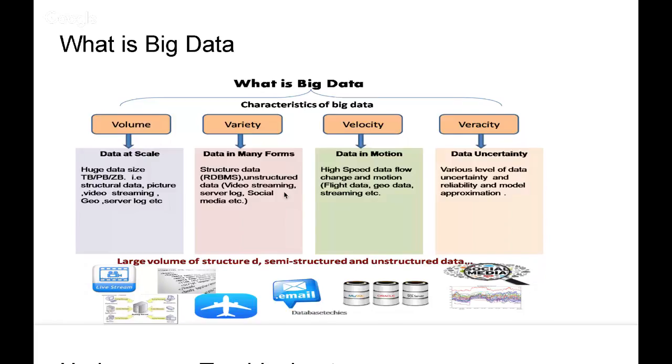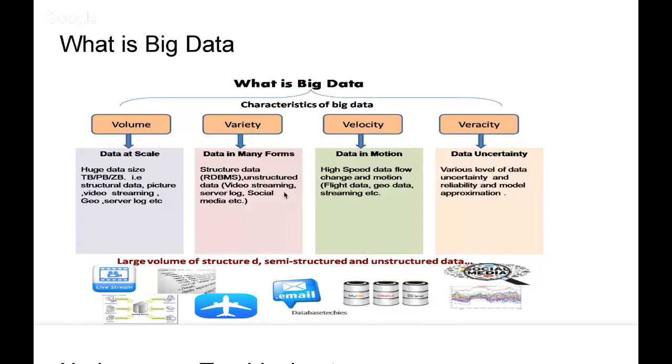But when it comes to unstructured data, suppose I post something on Facebook. If you look into your database, you can't get insights or knowledge about what kind of data it is and what it is trying to say, because it has no mapping.